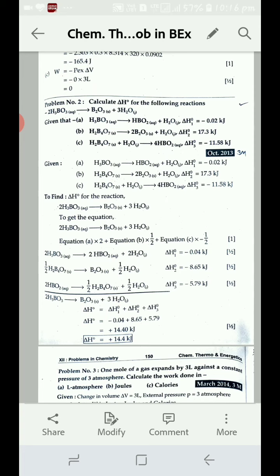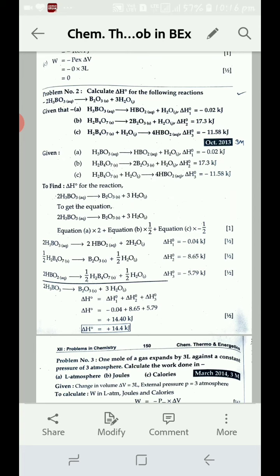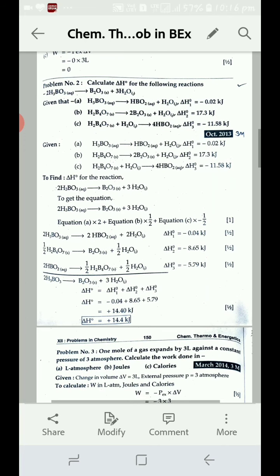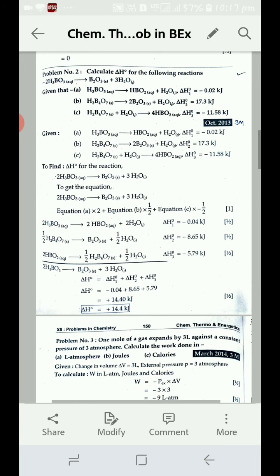Then, if you have to calculate work done in liter atmosphere, joule and calories, your pressure is in atm and change in volume is in liter, so minus 3 into 3, minus 9. So your answer is minus 9 liter atmosphere.